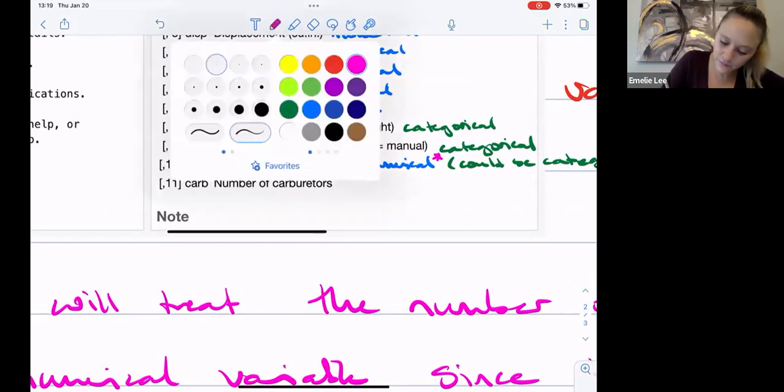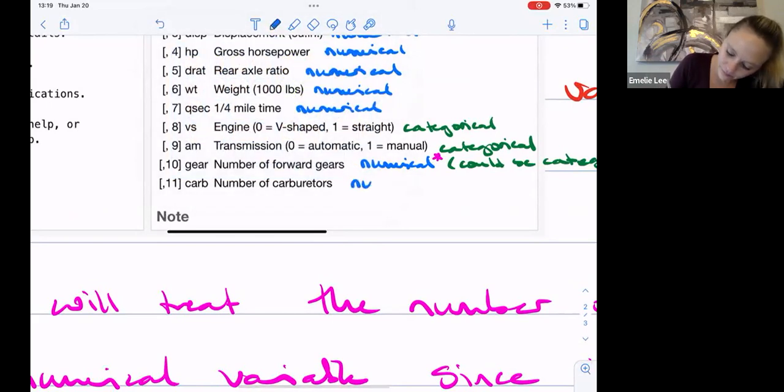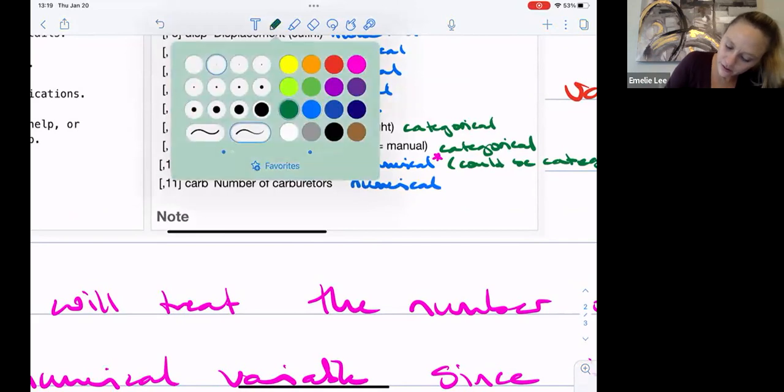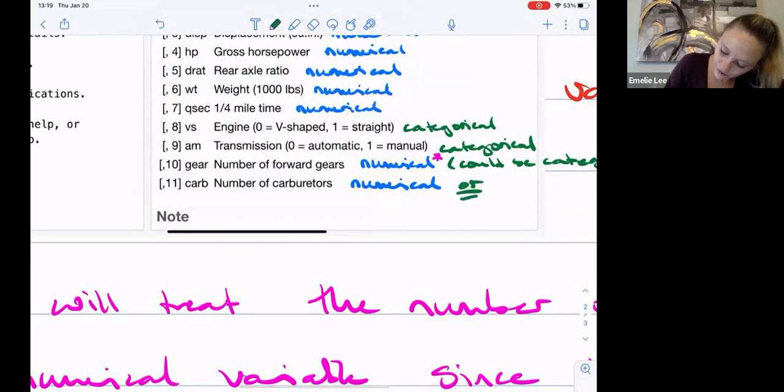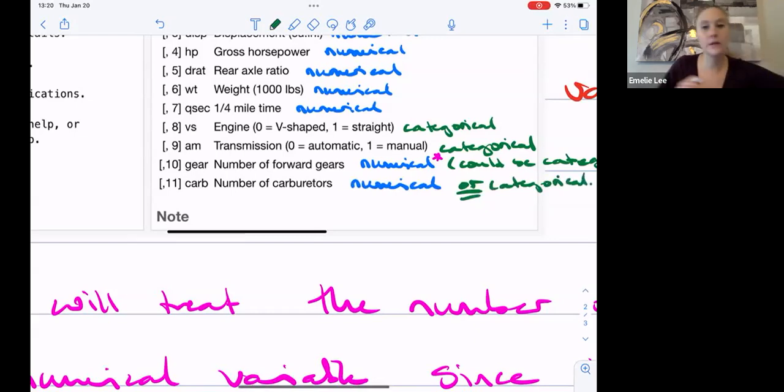But numerical or categorical, I haven't really decided. It's not a variable that I'm going to focus on, so I'm actually going to ignore it for now.